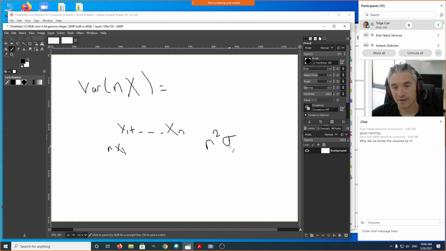So if this is the variance, the standard deviation is going to be n times the square root of it. This is directly sigma, by the way, n square sigma square, that's the variance of the individual variable. Variance was sigma square. Okay, so this one divided by n square gives us, so these cancel out.